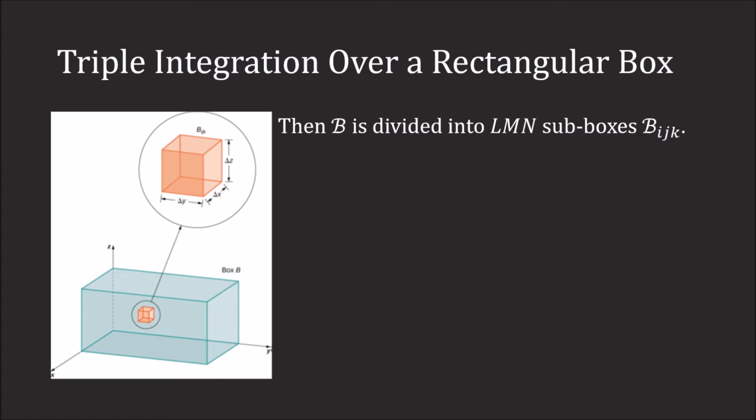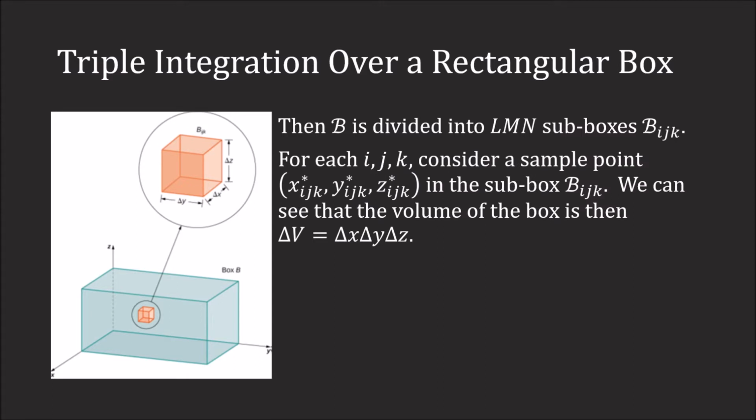For each i, j, k, consider a sample point, x sub ijk star, y sub ijk star, z sub ijk star, in the sub-box B sub ijk. We can see that the volume of the box is then delta V equals delta x times delta y times delta z.